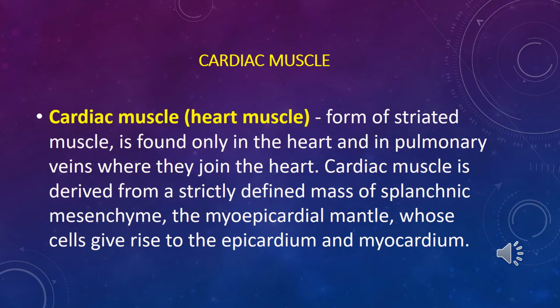Formation of cardiac muscle starts from the mesoderm, the ventral part of the mesoderm, which first forms the myoepicardial plate. From the myoepicardial plate the myocardium and epicardium will be formed. It's just the ventral mesoderm, the visceral layer.